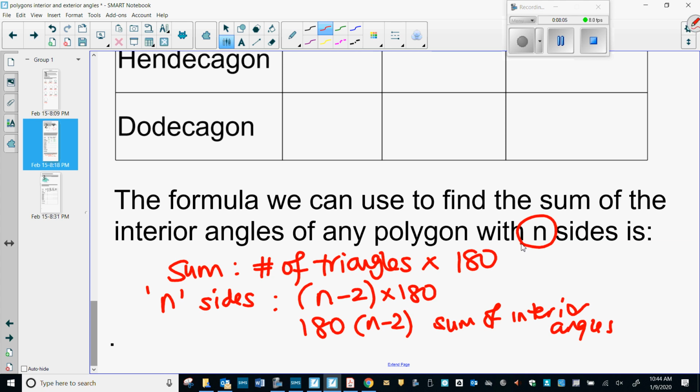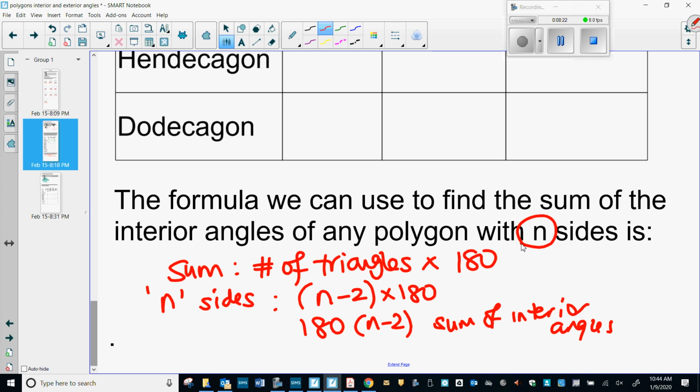So if they give you any kind of polygon, yes, you can just count how many sides it's got, take away 2 from it, multiply that by 180, and that's going to tell you what the sum of the interior angles are.